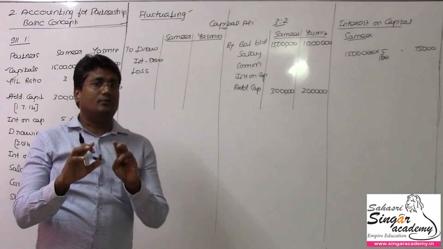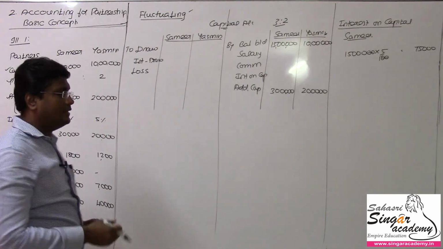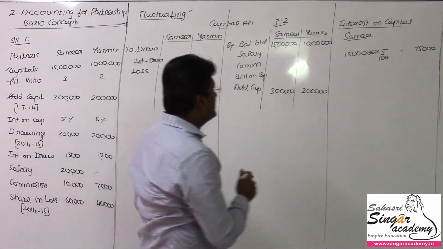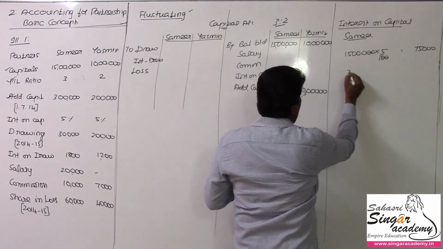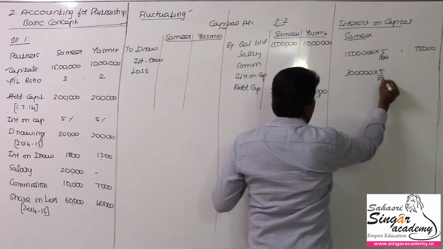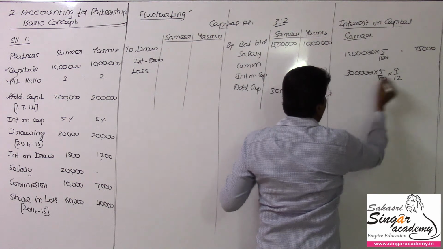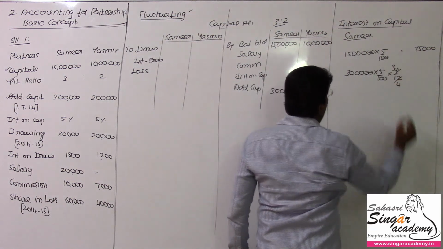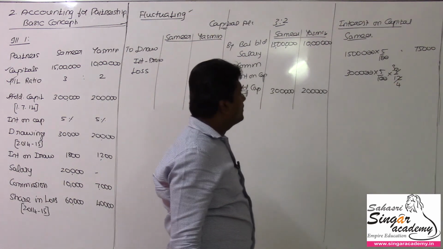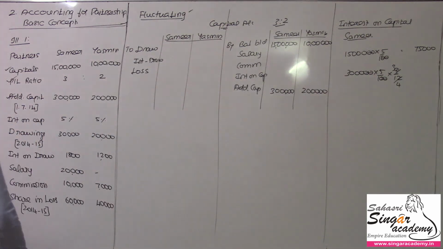Approximately we have 9 months here from 1st July to the year end 31st March. So you have to calculate for 9 months. For 3 lakhs into 5% for 9 months, so 9 by 12 will be used here. 3 divided by 4, 1.25. 3,750 will be the answer here.